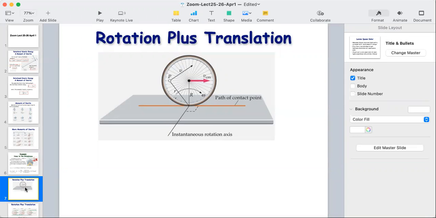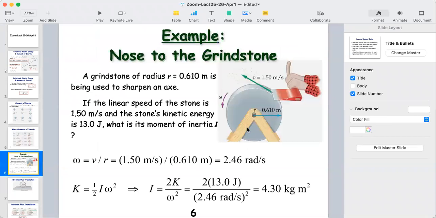In this case, we have rotation plus translation. For example, with a bicycle, in the previous case it was only rotation, where the object is fixed and moves around the axis.